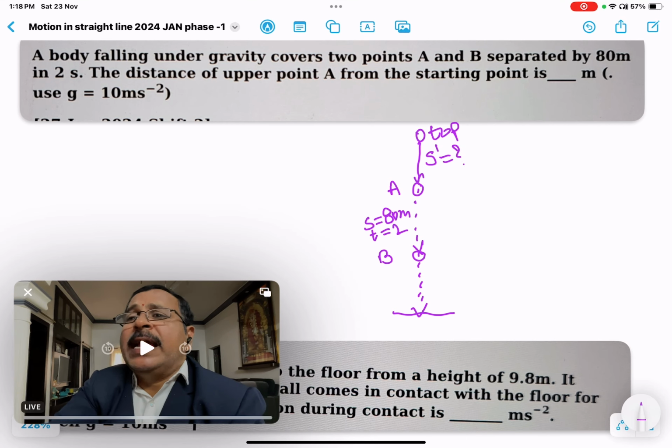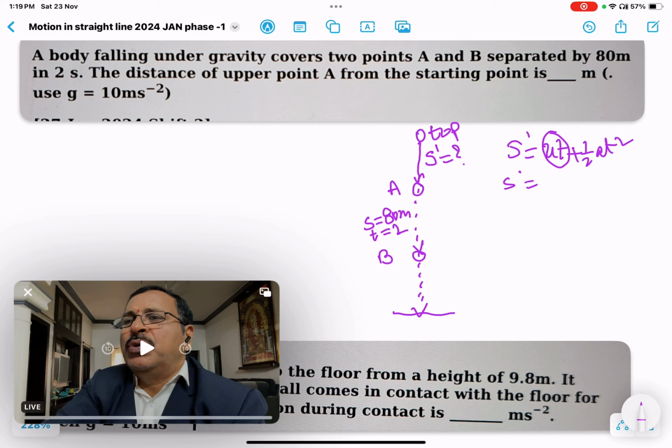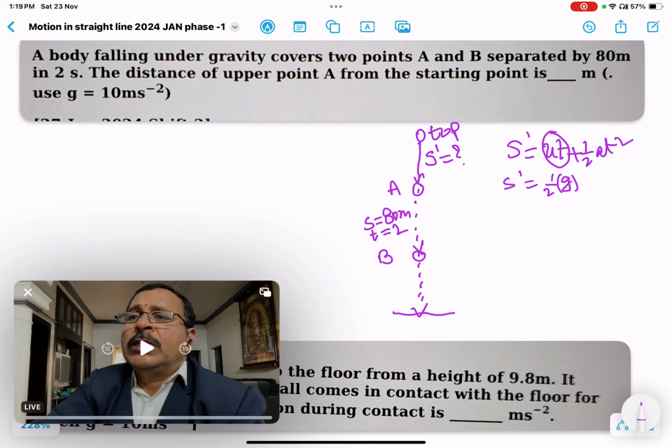So how to find S dash here? S dash equals, since it is coming from the top, ut plus half at square. This is the formula we are selecting. Your u is 0, because it is dropped from a certain height, so the initial velocity is 0. So S dash equals half into g, which is 10 as given in the problem, into t square.